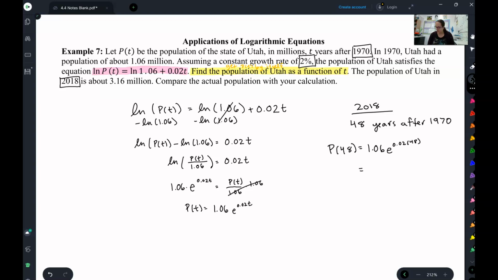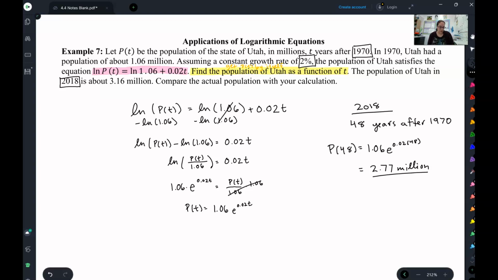And if I just type that into my calculator, I get 2.77 million. So using this model, this equation, it's saying that in 2018, the population of Utah should be 2.77 million.